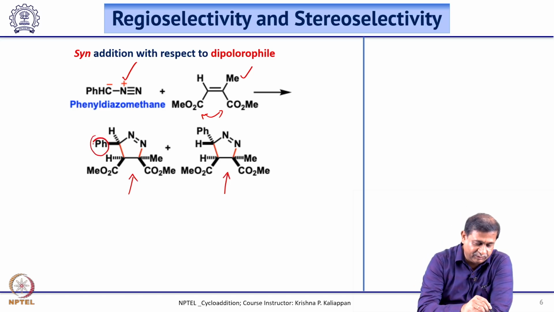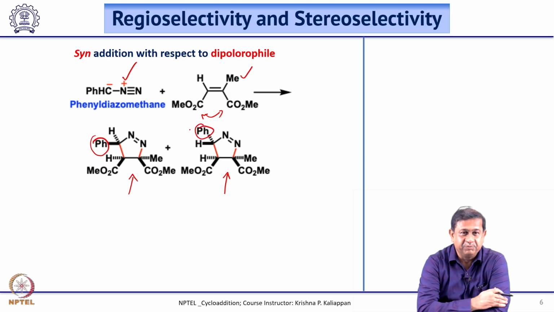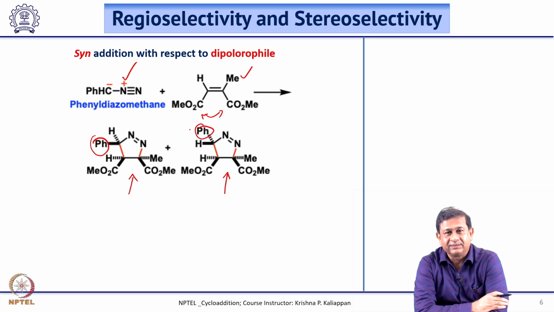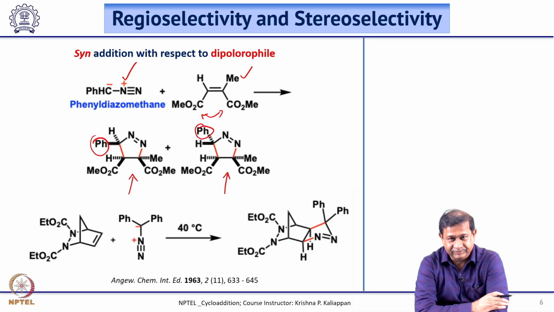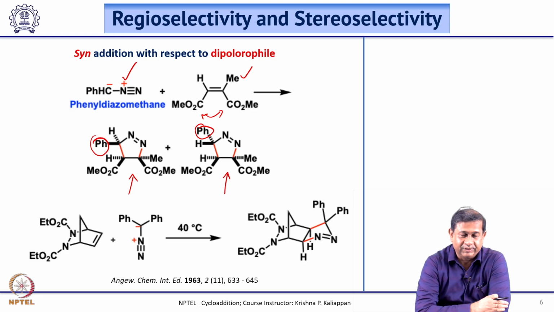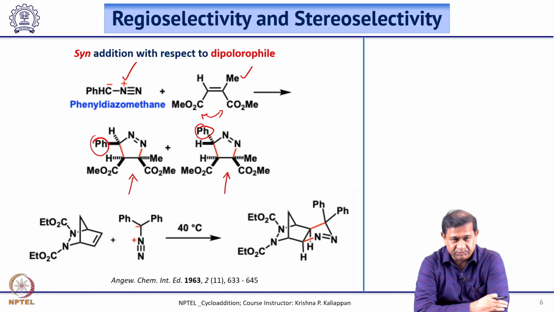However, the phenyl group here can be either cis or trans to the ester, because it has equal opportunity. It can come either from the top face or from the bottom face. So that's why you get mostly a 1:1 mixture.